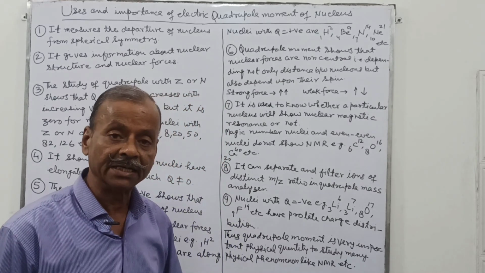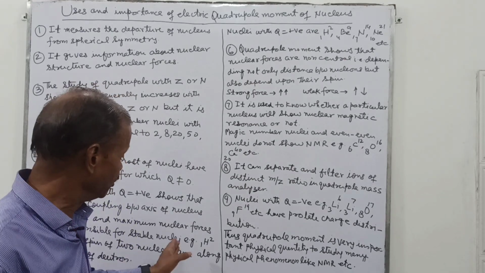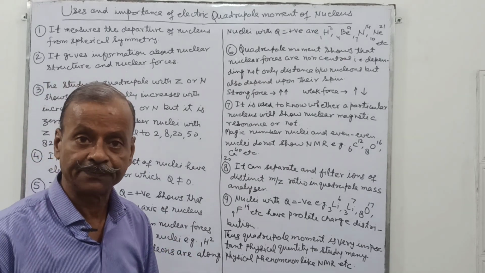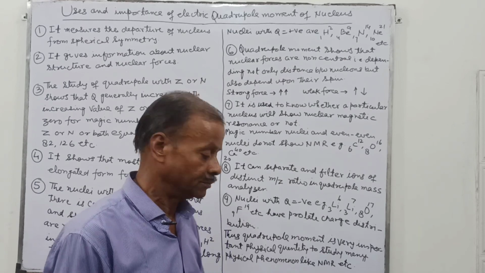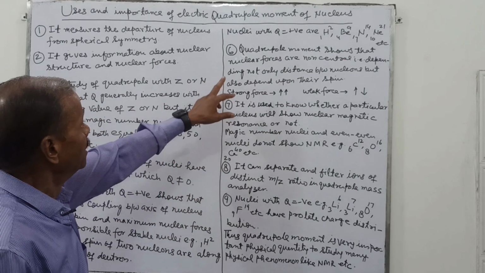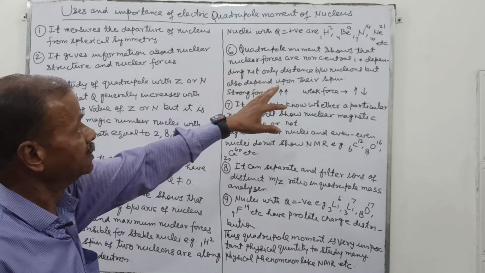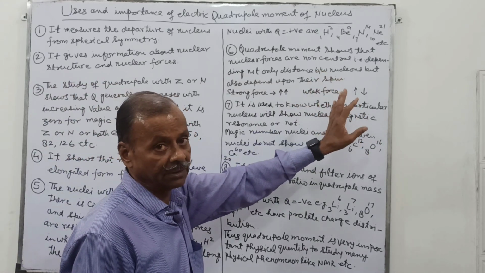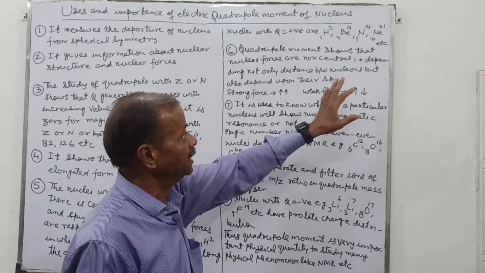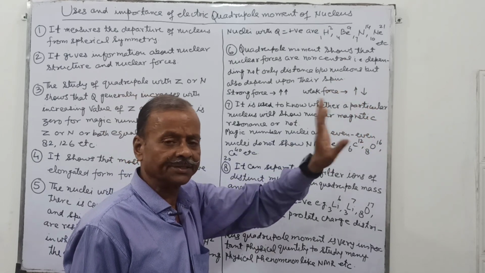Now the spin of these two nucleons is parallel, along the axis of the deuteron. Nuclei with positive Q have many examples: deuterium, beryllium, nitrogen-14, neon-21, etc.